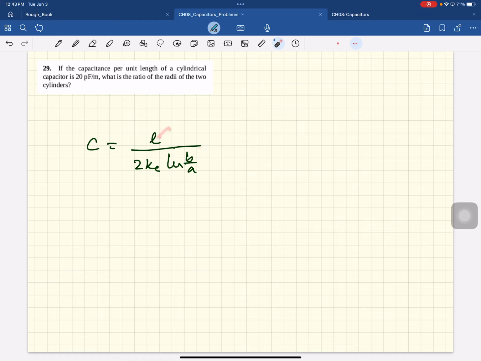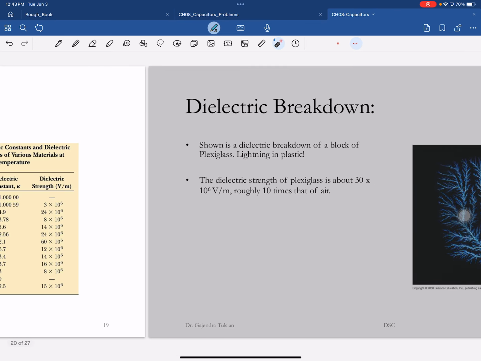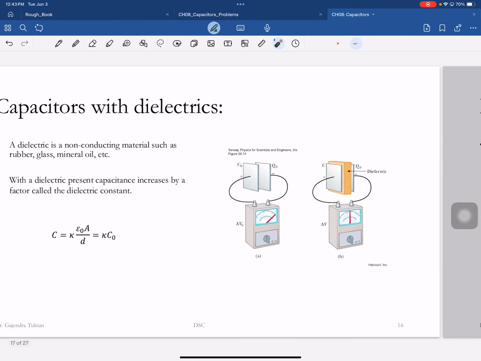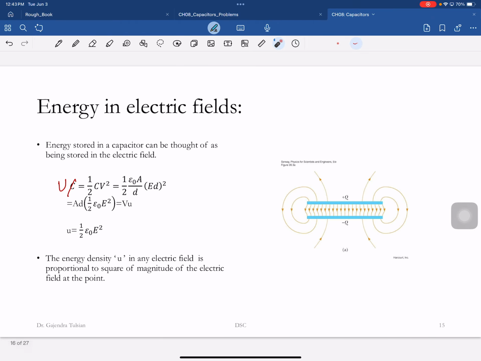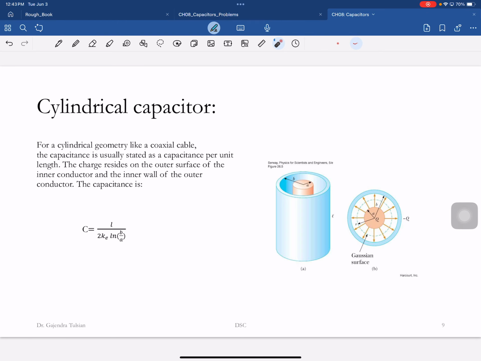L is the length, and K is the Coulomb's constant. Let me just make sure of the formula. Yeah. Okay.